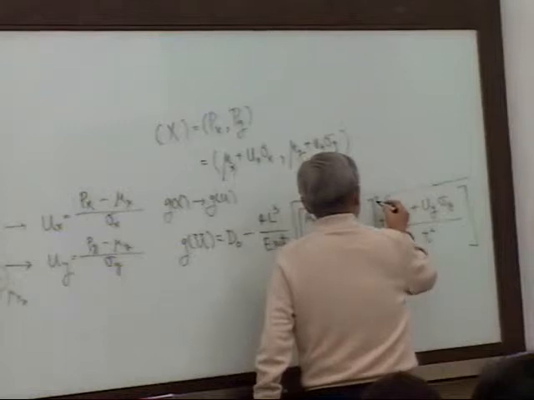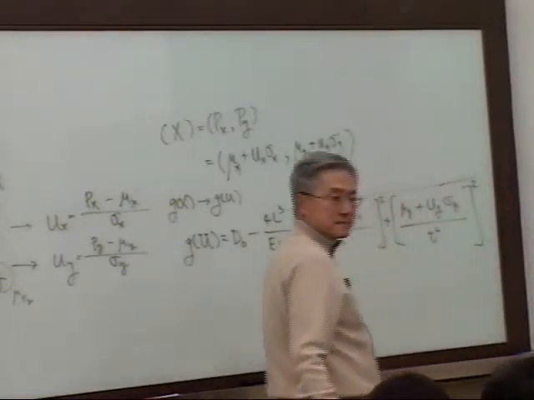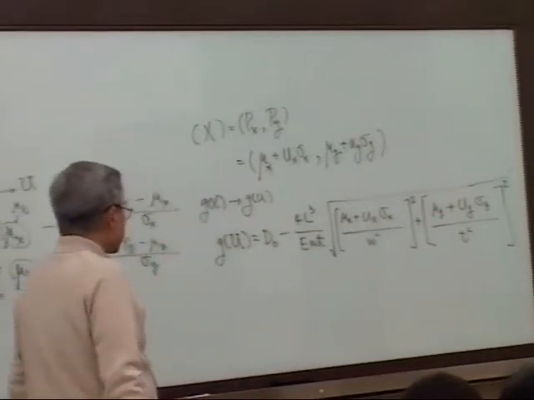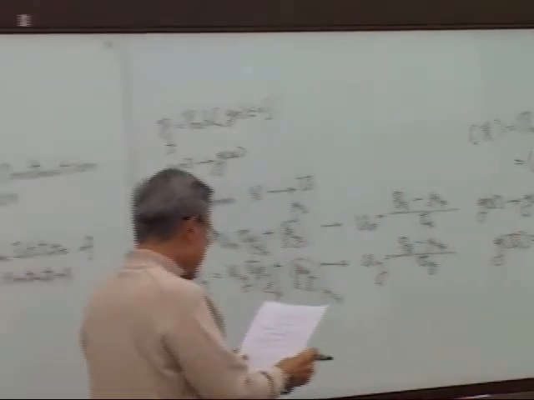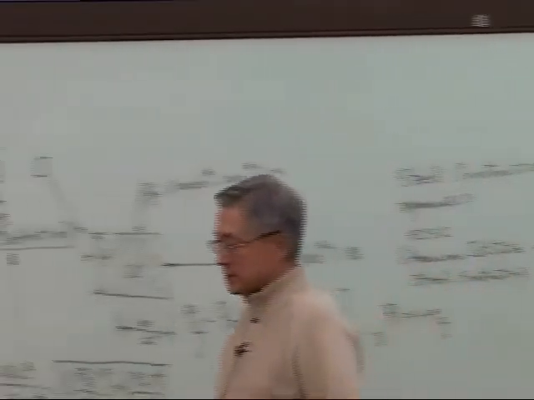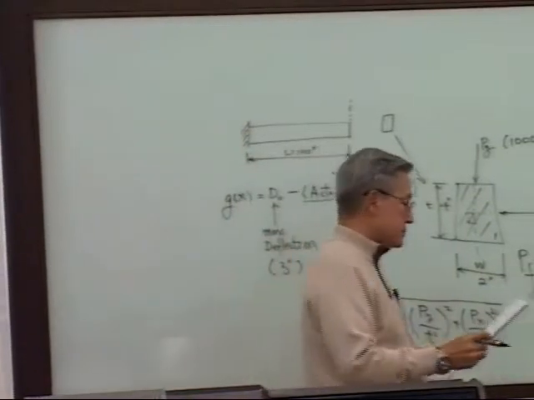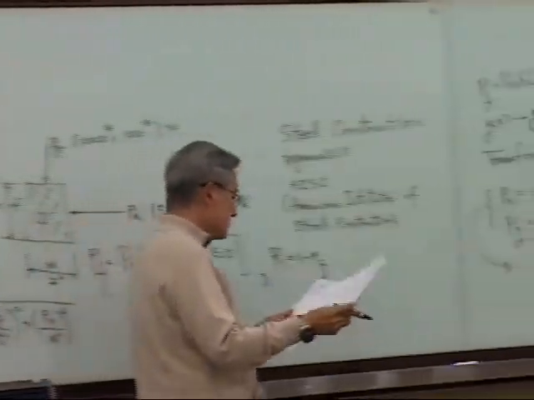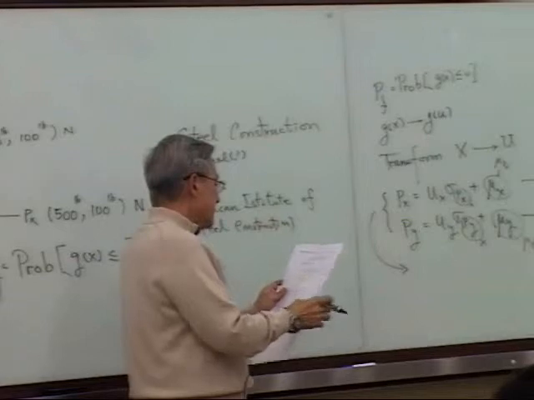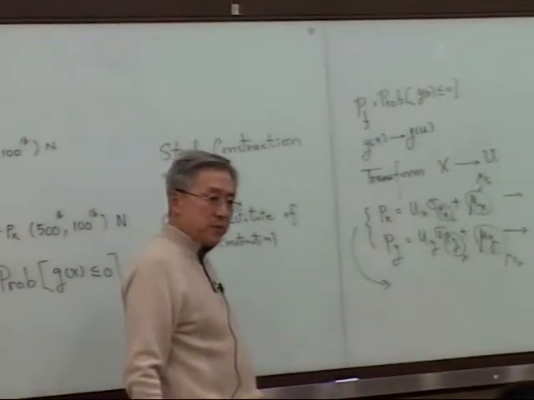This is a square and this is a square. It's all good. Now you're on business, then you can start the iteration.